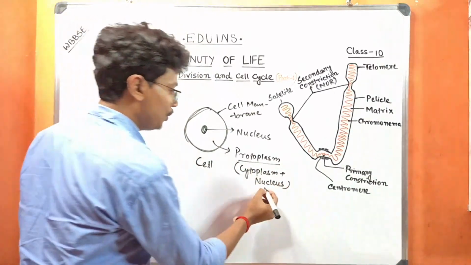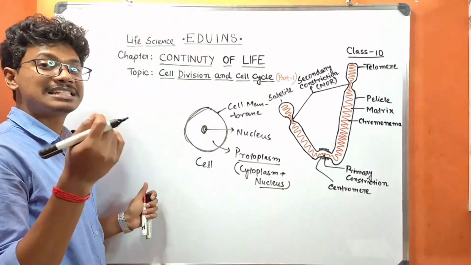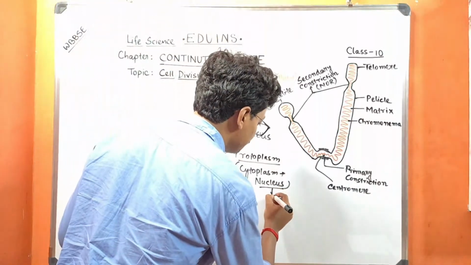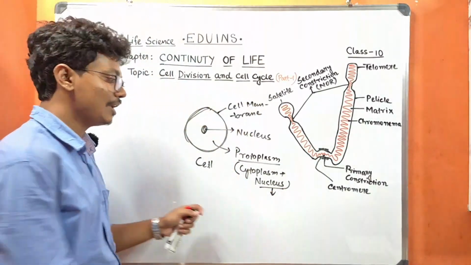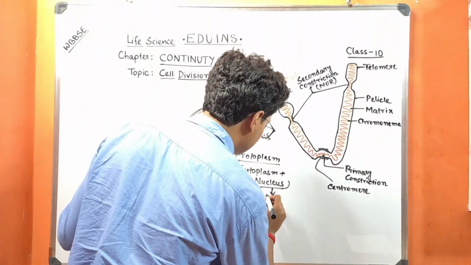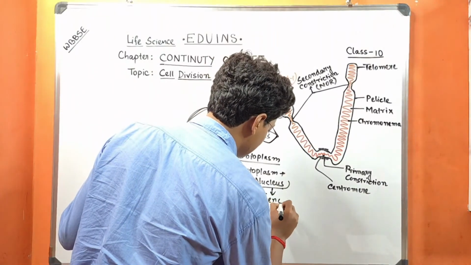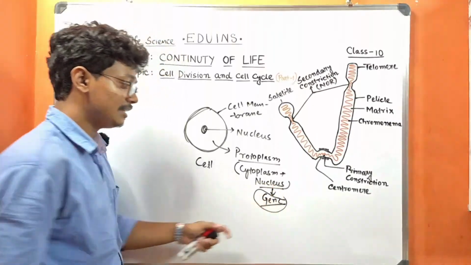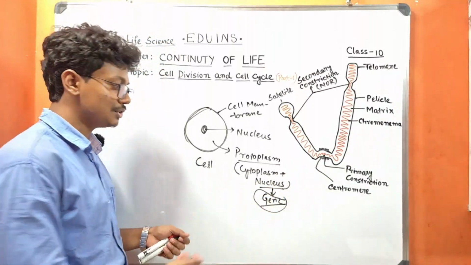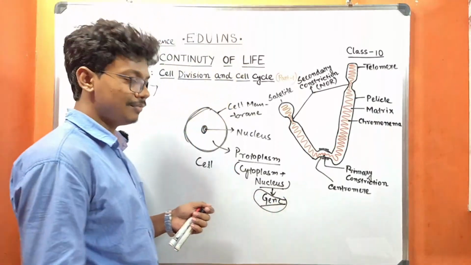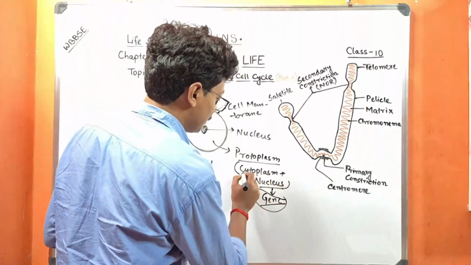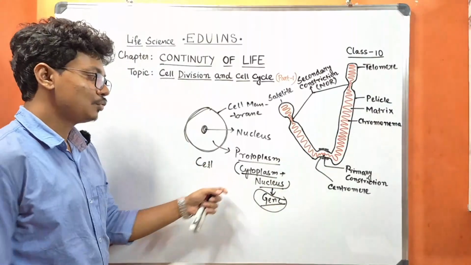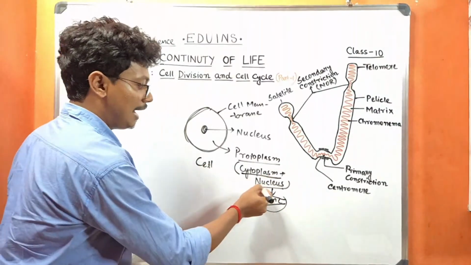The nucleus is the cell organelle, an important part of a cell, which contains the hereditary substance, that is, the gene. We will discuss further what a gene is, what its function is, and where it is located. But for now, the cell has two main parts inside the cell membrane, that is cytoplasm and nucleus.